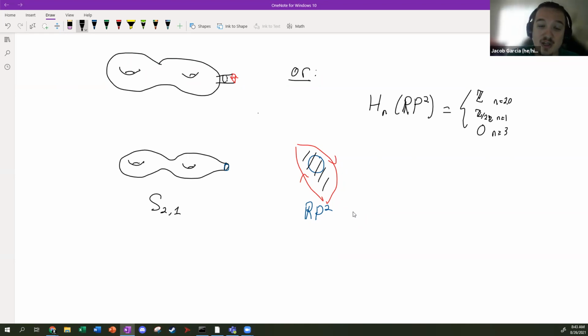As soon as we took this Mobius band and glued it to a disk inside of my genus 2 surface, I took a Mobius band and glued a disk to the Mobius band, and that creates RP2. So we have a copy of RP2 sitting in here, so the fact that we get a Z mod 2Z shouldn't be too surprising.